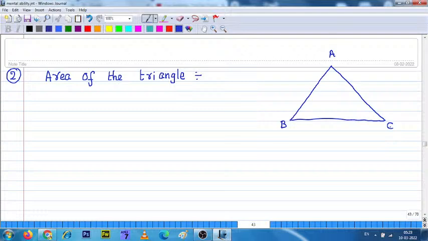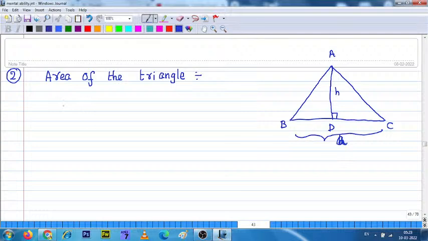Now we need to find out the area of this triangle. How could you find out the area of the triangle? Draw the perpendicular from A to the opposite side BC. Say this is AD, height H. BC is equal to say a, generally a.